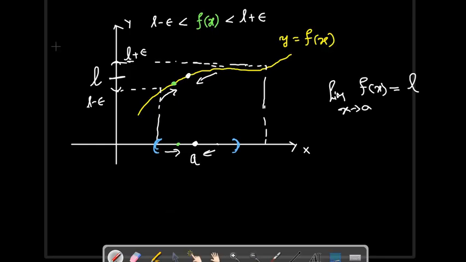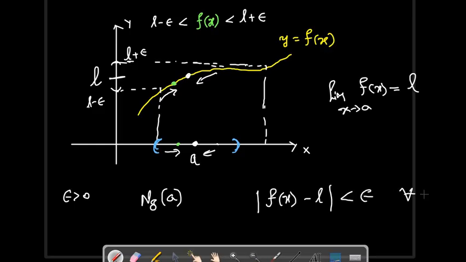In other words, you start with any epsilon distance, then we can find a neighborhood around A so that the distance between f of x and the limit L is less than epsilon for all x belonging to this neighborhood.